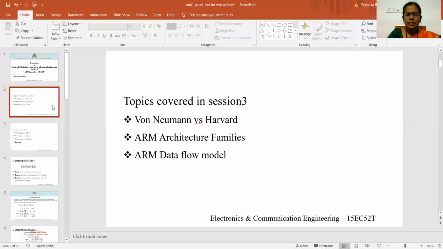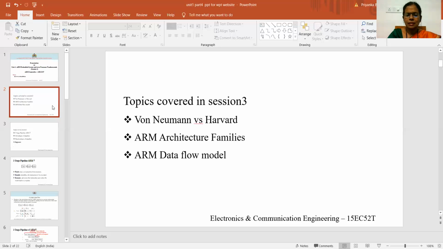ARM 7 has pipelining, and under pipelining we studied three stages: fetch, decode, and execute. ARM 9 is a 5-stage pipelining architecture. The five stages are fetch, decode, execute, memory, and write back.